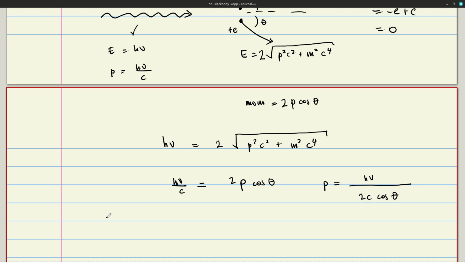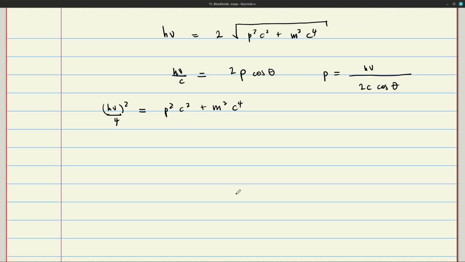So I'll take the square of the first one. h nu squared over 4 is equal to p squared c squared plus m squared c to the fourth. But I have p here, so I'm going to substitute that. So this p is going to come in to here. So this is h nu squared over 4 c squared cosine squared theta times c squared, plus m squared c to the 4.